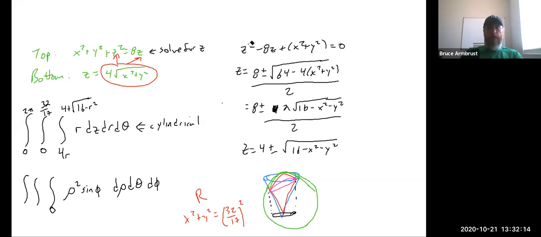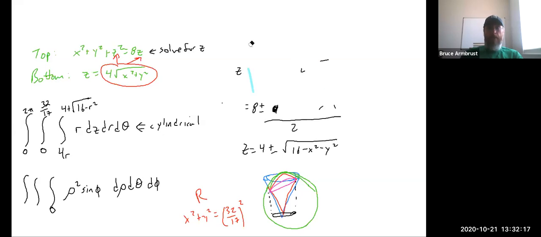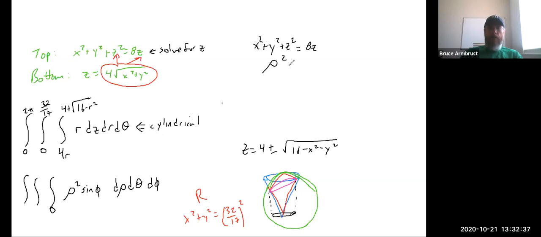I'm going to do that over here. For spherical conversions, x squared plus y squared plus z squared, what does that equal? Good, Victor, thanks. That's rho squared. And then for z, that's going to be rho cosine phi, not theta, but phi.